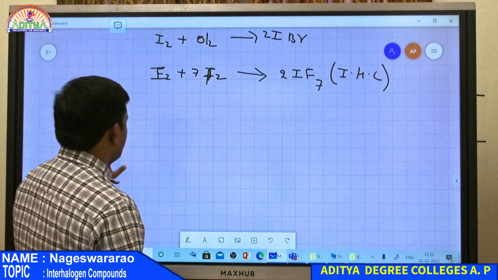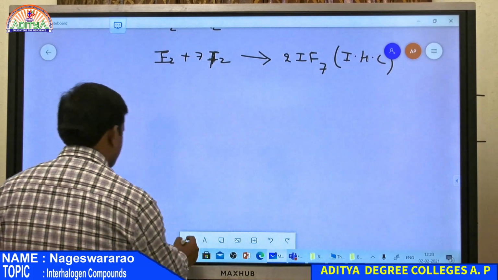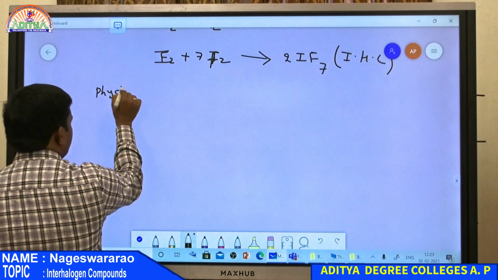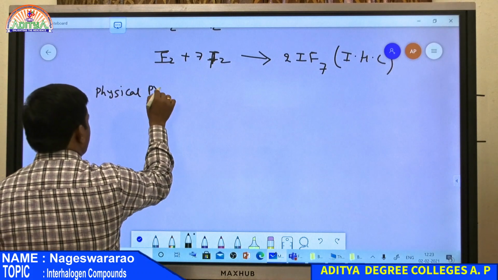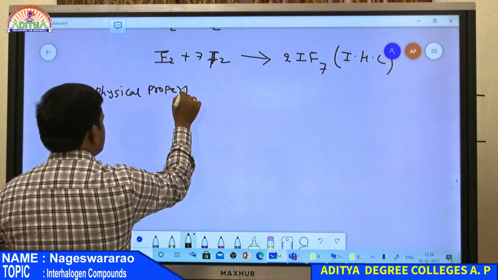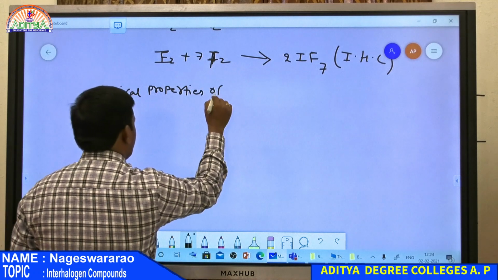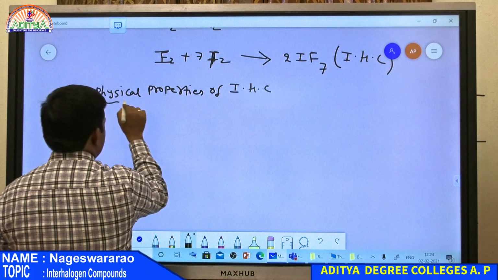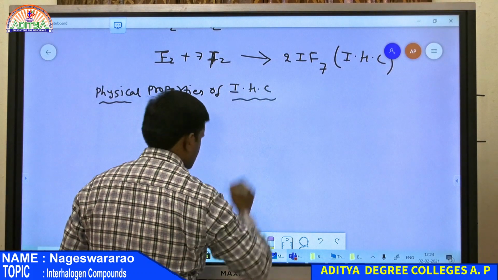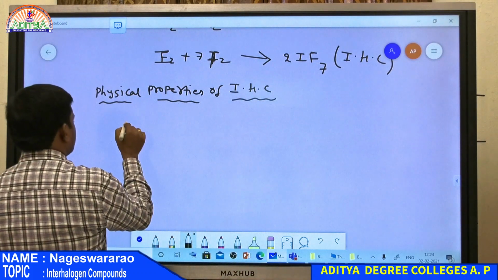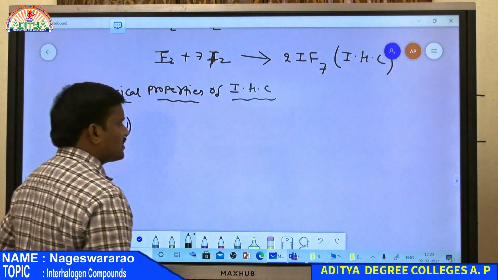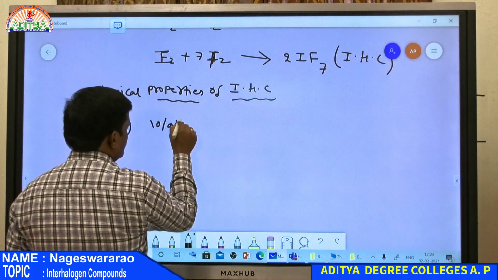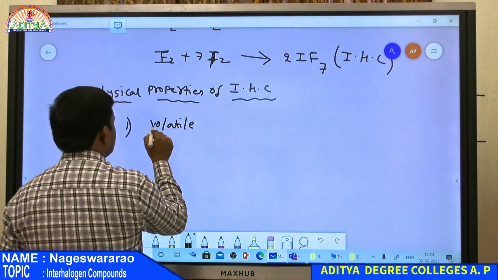Now, physical properties of interhalogen compounds. What are the physical properties? First, interhalogen compounds are volatile in nature. All are volatile.